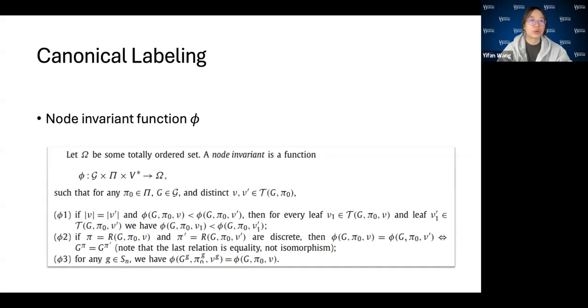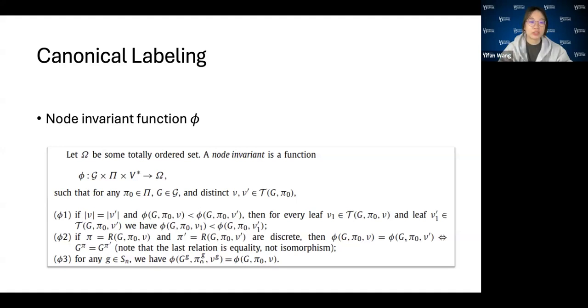So now we describe how the search tree can be used to compute the canonical form. In Traces, canonical labeling is achieved by using a node invariant function. This function determines the canonical form of the graph, and it will ensure that the form is both consistent and unique across the isomorphic graphs.